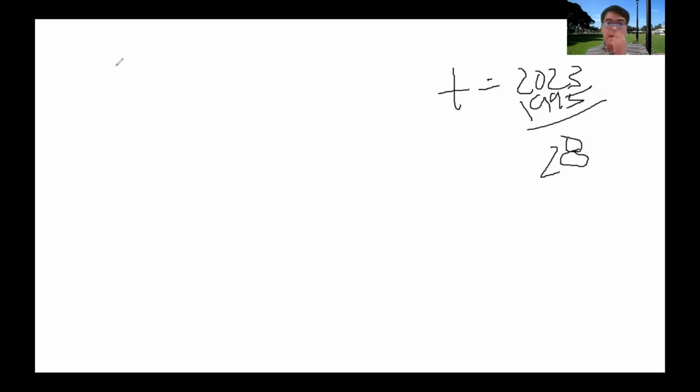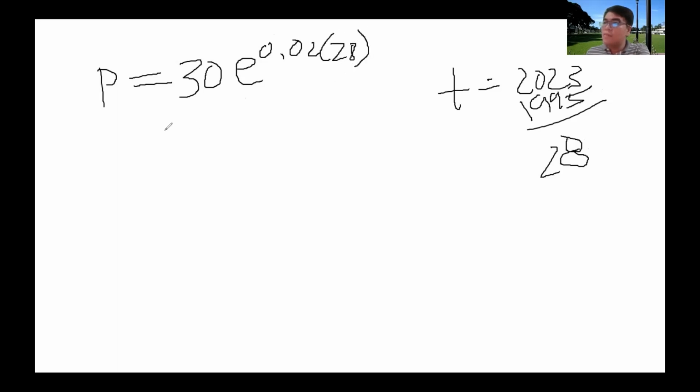So we now have P is equal to 30e raised to 0.02 times 28. 0.02 times 28 is actually 0.56.